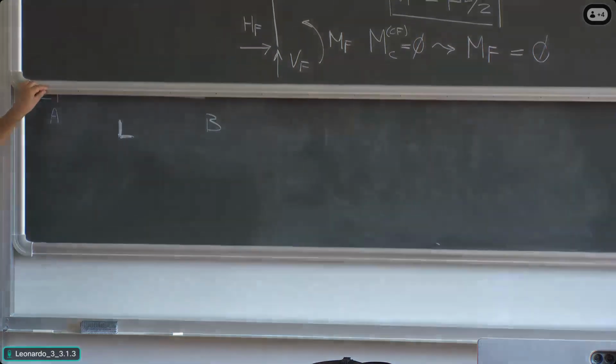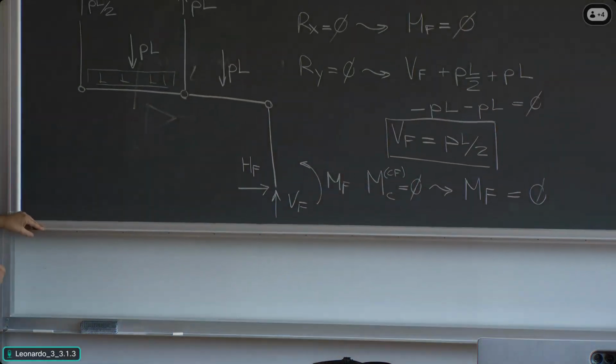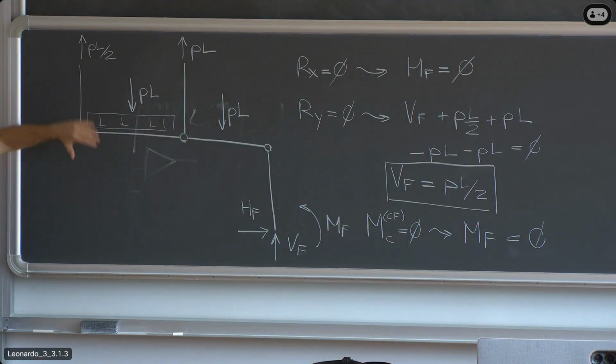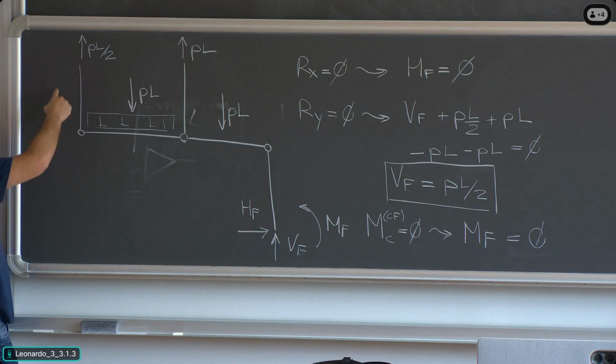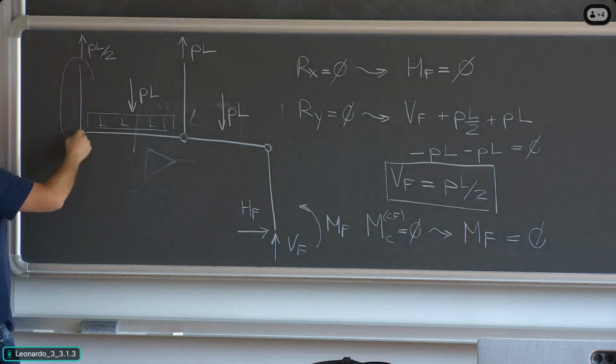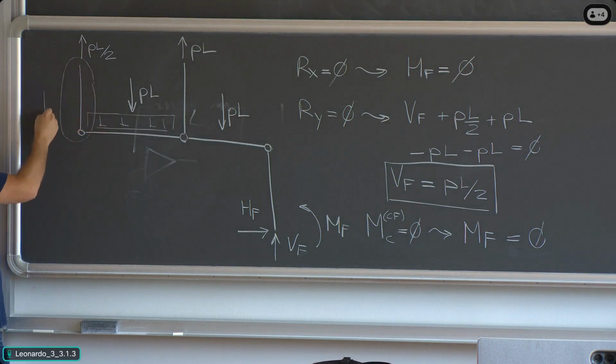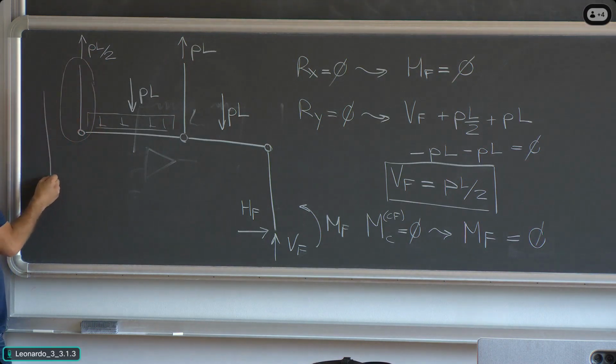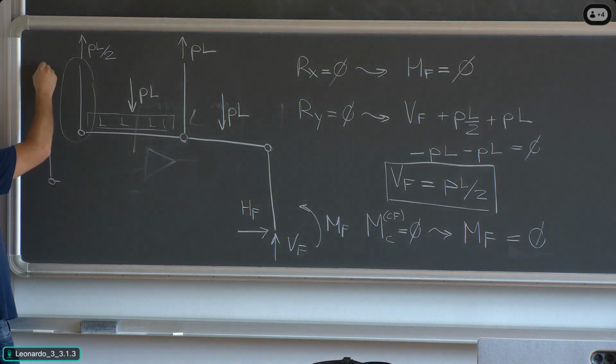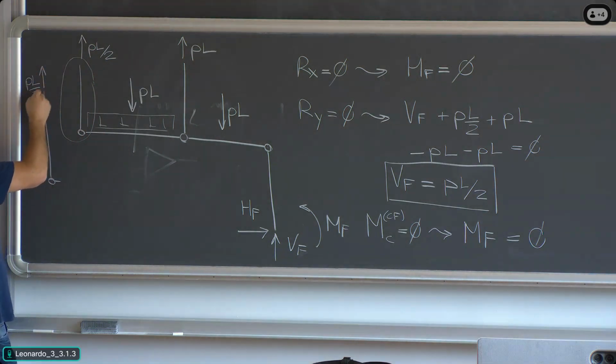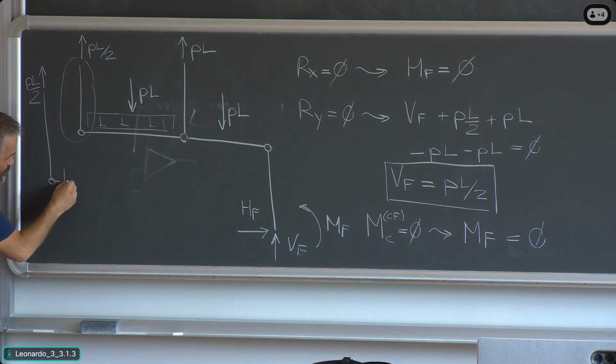Let's see why, going back quickly here. Look at this, concentrate on this. How is the free body diagram of this vertical member here? I will take it and separate it from the rest of the structure. If there is PL divided by 2 at the top, there is no other possibility for this to be in equilibrium than having PL divided by 2 at the bottom.